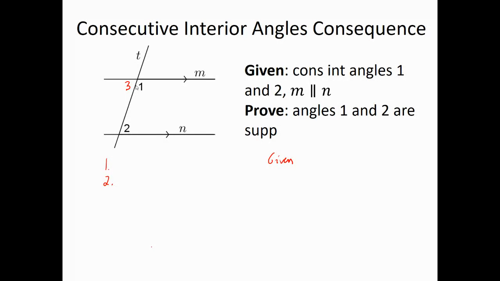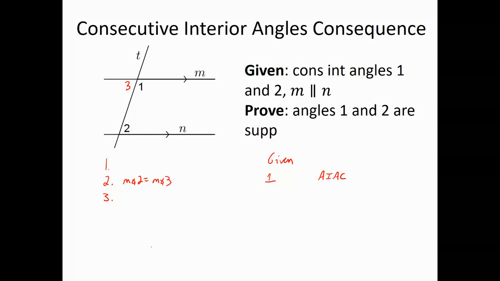And since the lines are parallel and 2 and 3 are alternate interior, we may then use the alternate interior angles consequence to say that the measure of 2 is equal to the measure of 3. So we can do that immediately. The measure of 2 is equal to the measure of 3. That follows from the given by the alternate interior angles consequence.